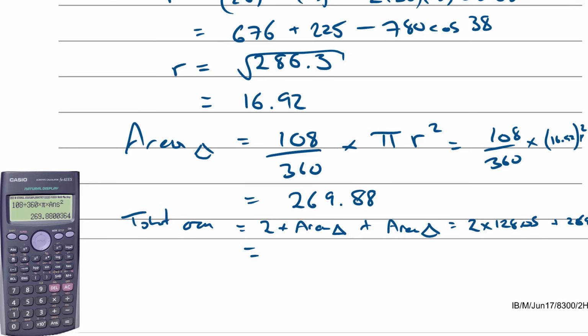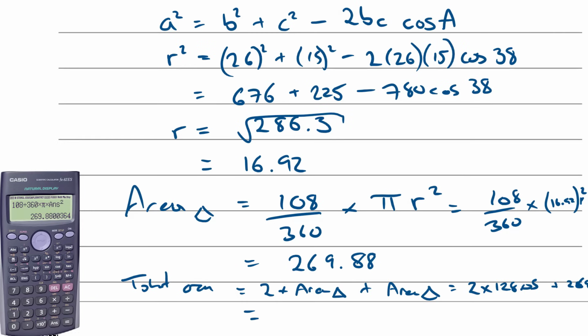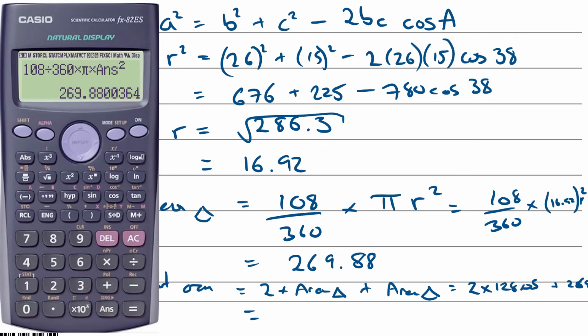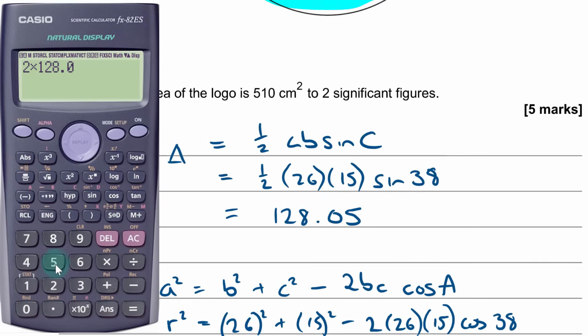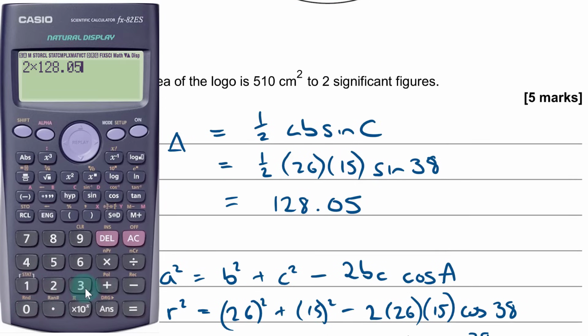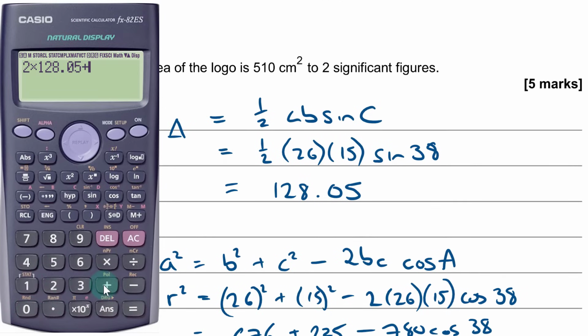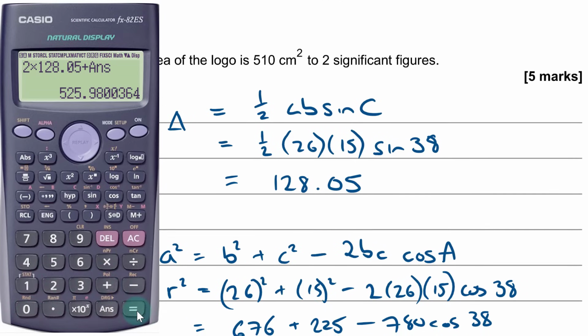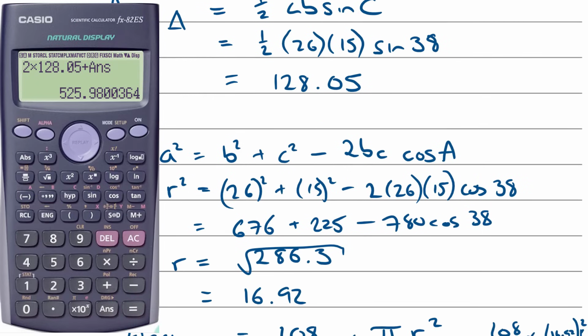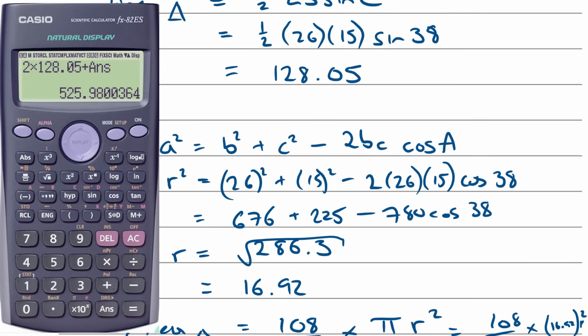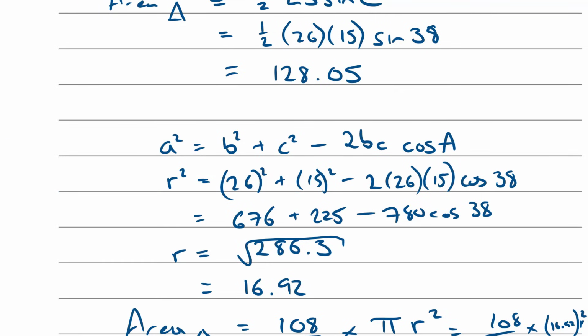So plus 2 lots of 128.05, 525.98. What am I aiming for? Show that the area of the logo is 510 centimeters squared to 2 significant figures. Well, I get 530 to 2 significant figures.